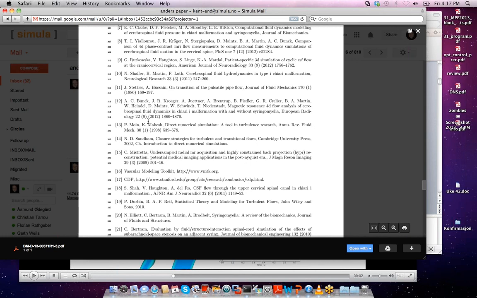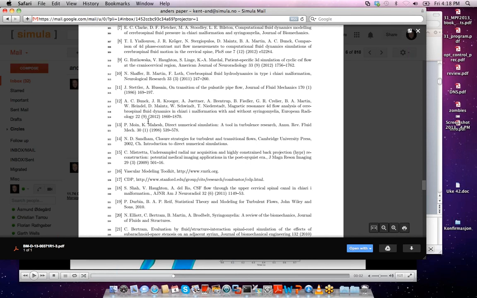Sorry, we haven't really written up the, I cannot find that publication, but this is not a typical Crank-Nicolson nor implicit Euler scheme. It's a paper by Simon, and this is a standard scheme for investigating transitional flow that we have been using.